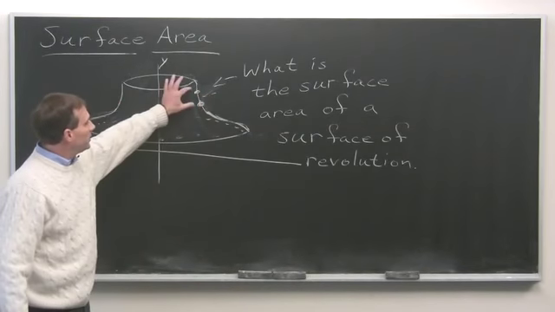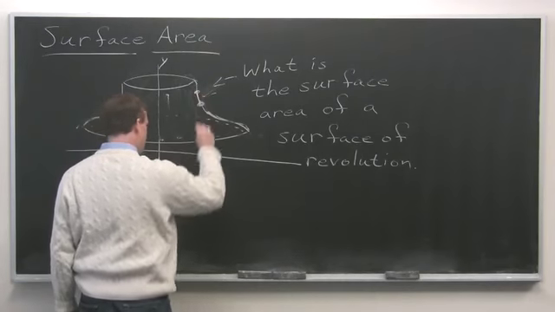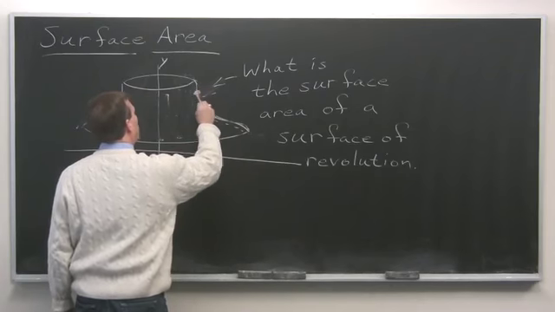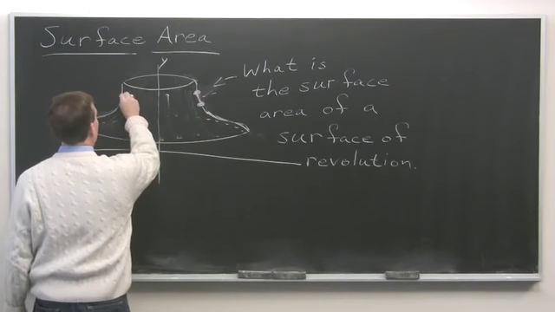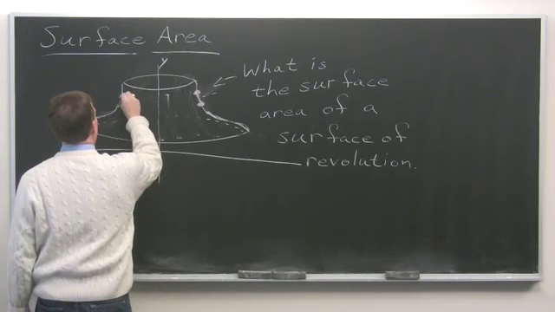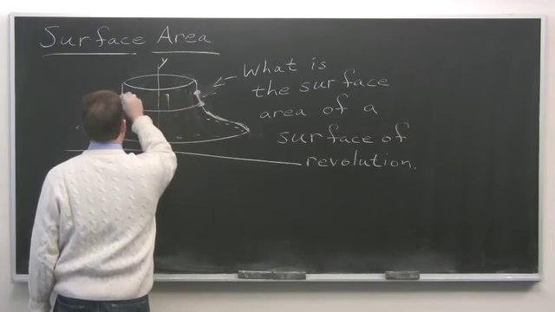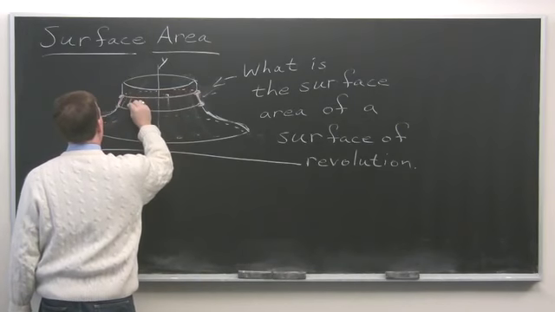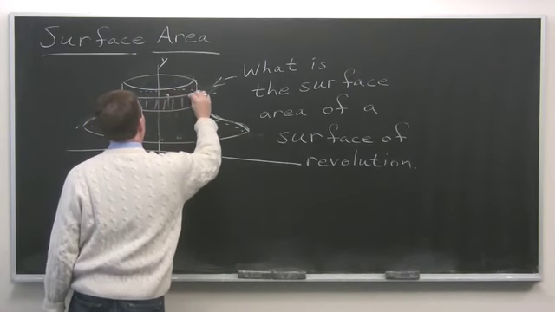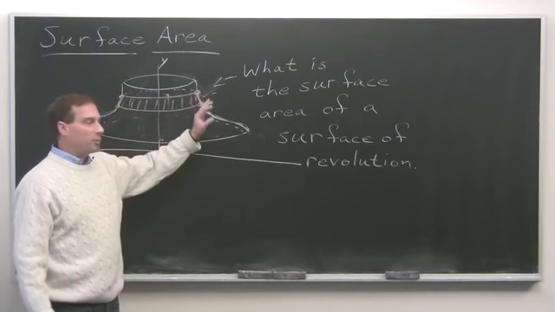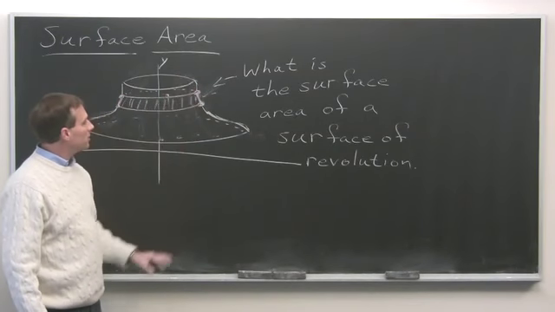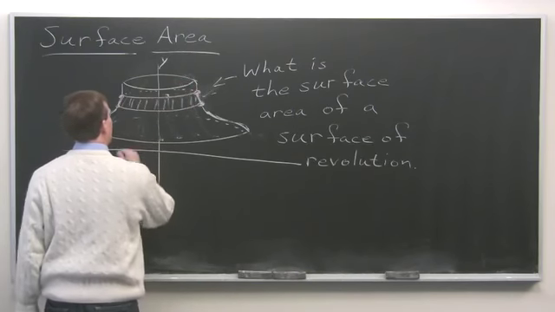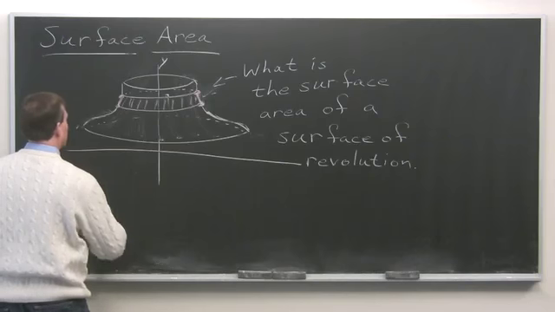And then on each little piece, you think of that rotated surface gives you, well, what's essentially a cylinder. Now it's slanted a little bit, but if you take this to be even smaller, the slant isn't so pronounced. And we know the area of a cylinder.